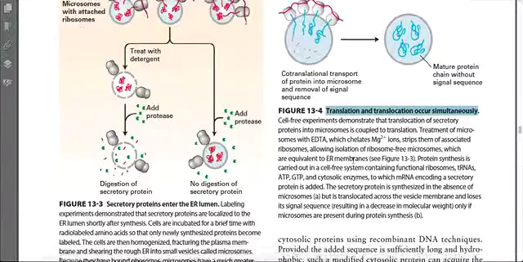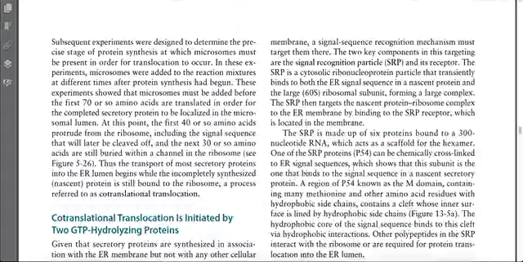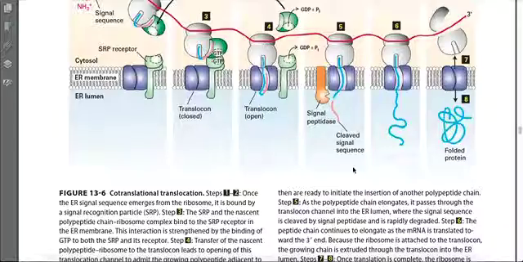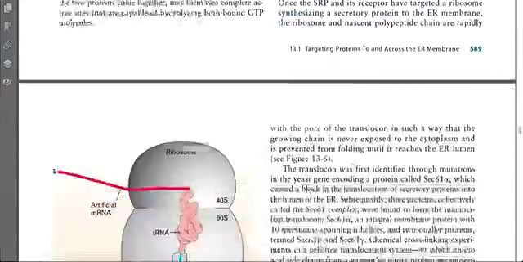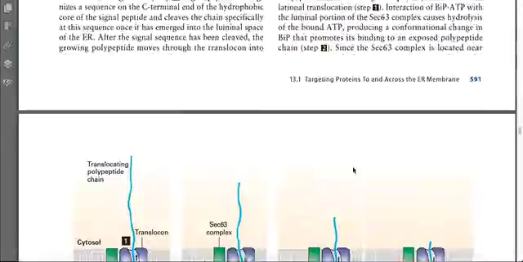Once this protein is transported within the vesicle, the modification known as glycosylation takes place. During glycosylation, what happens?